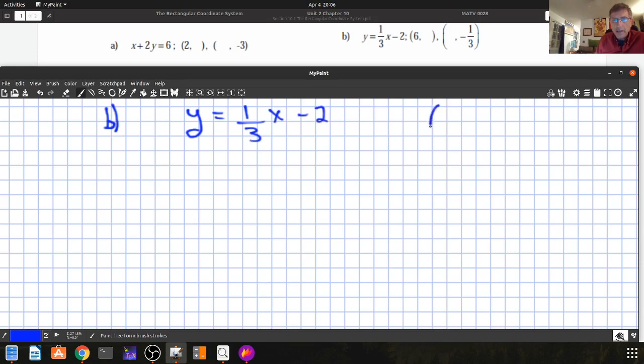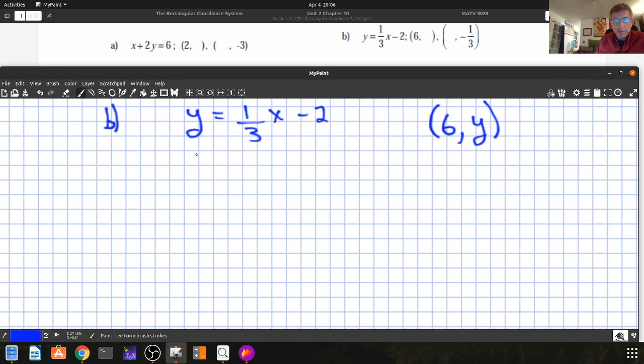And they say, okay, I'm going to give you a 6. You find the corresponding value of y that makes this equation true. They're just leaving it a blank, but I'm writing in the y there because literally what we're going to be doing is given x is equal to 6, we have to solve for y.